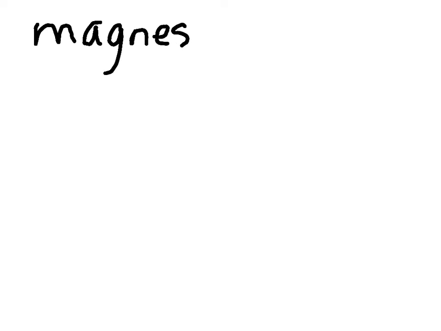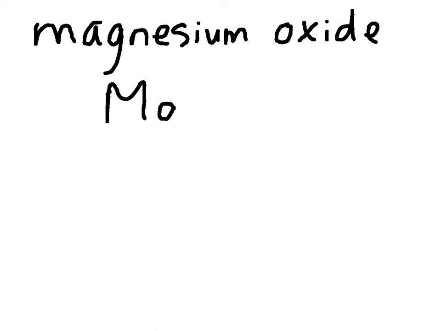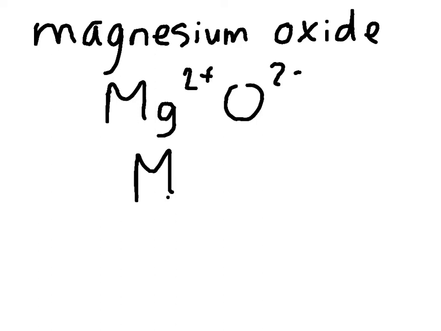Now I'm going to show you another one that has a different rule that applies to it. Let's say I'm putting magnesium again with oxygen. So I have the compound magnesium oxide. Mg was a 2 plus, oxygen was a 2 minus. After crisscrossing, I get Mg2O2.